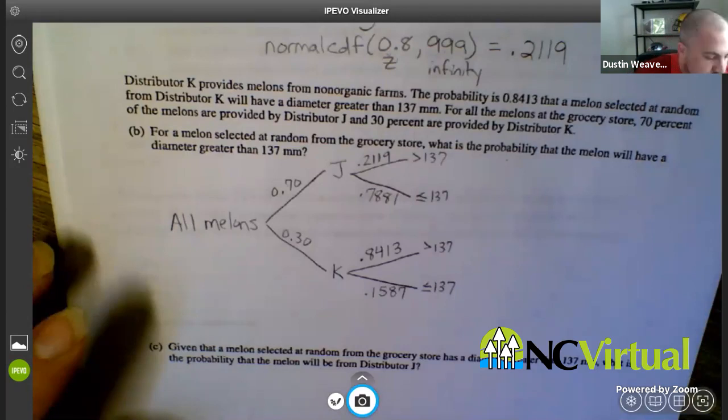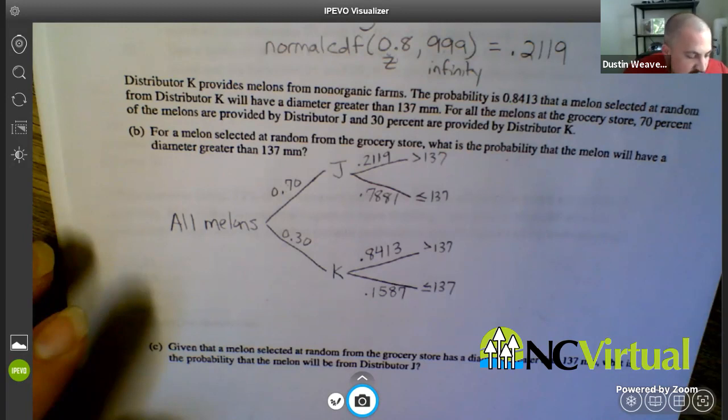And that gives us 0.1483 out here. 0.7 times 0.7881 is 0.5517. 0.3 times 0.8413 is 0.2524. And 0.3 times 0.1587 is 0.0476.